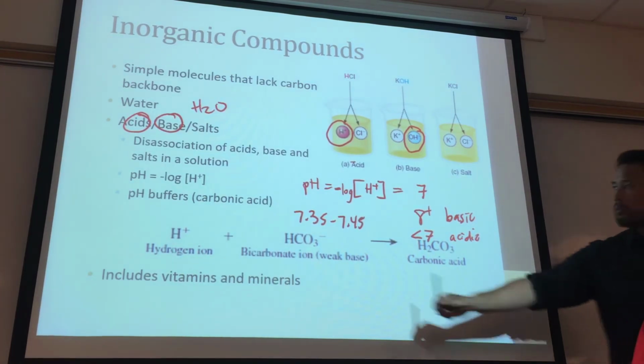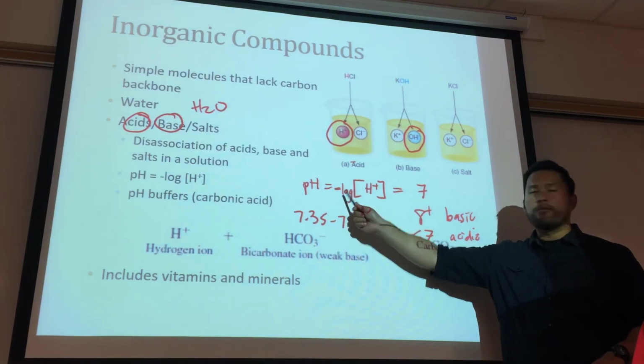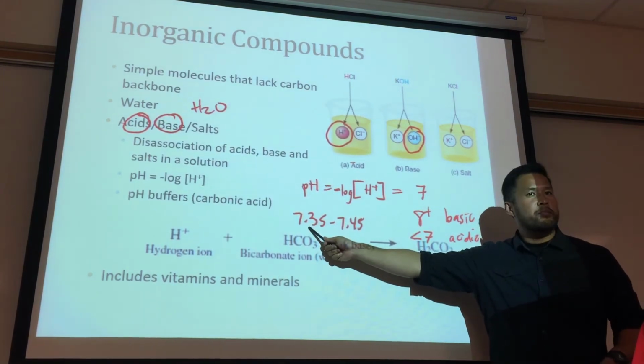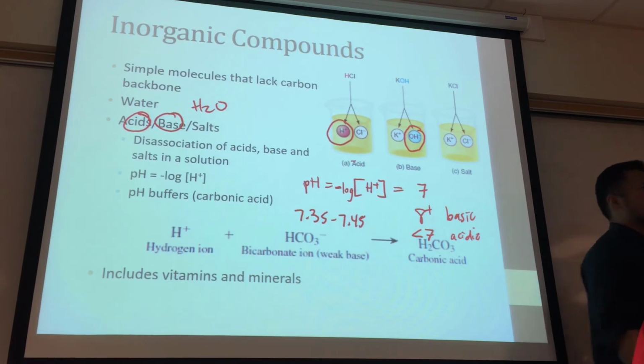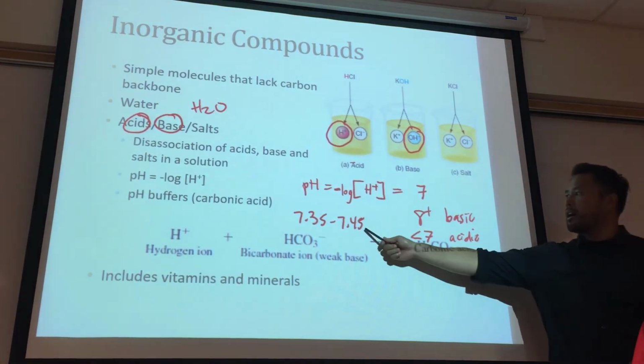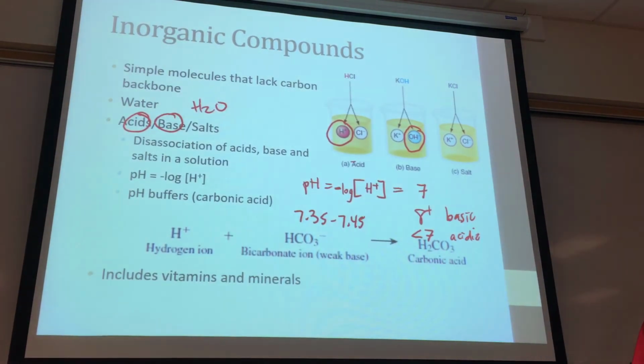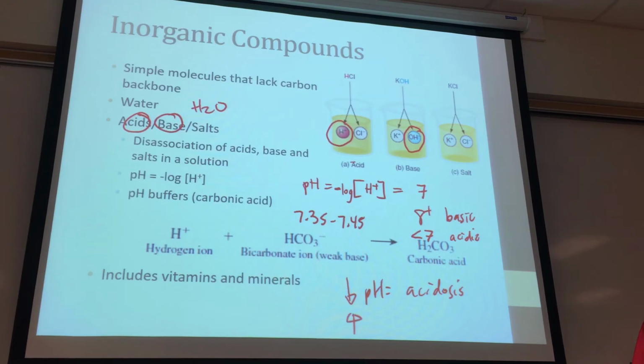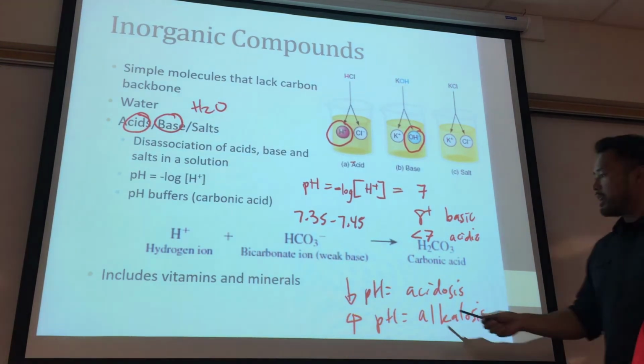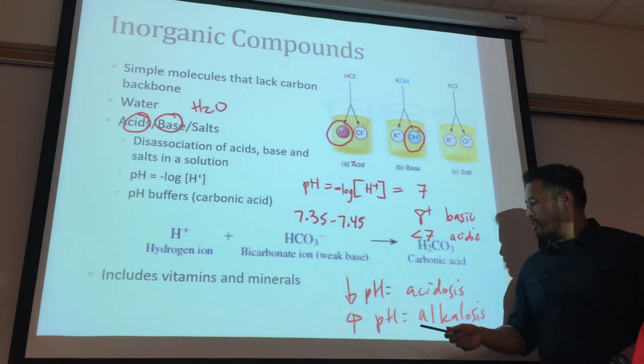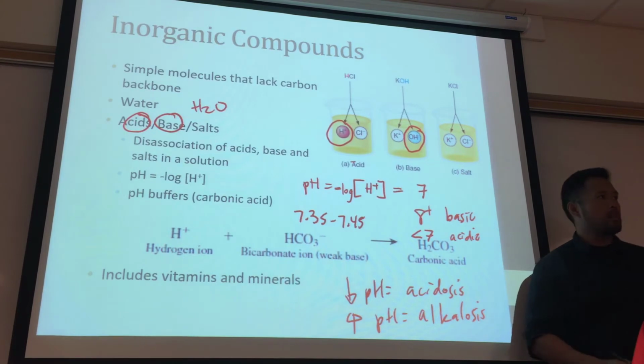Anything below 7.35, remember, negative logarithmic scale, anything below 7.35 is acidosis. Anything above is referred to as alkalosis. So, low pH, acidosis. Higher pH is alkalosis. And if you were to measure somebody's pH of their blood and it drops, that's a condition called acidosis.